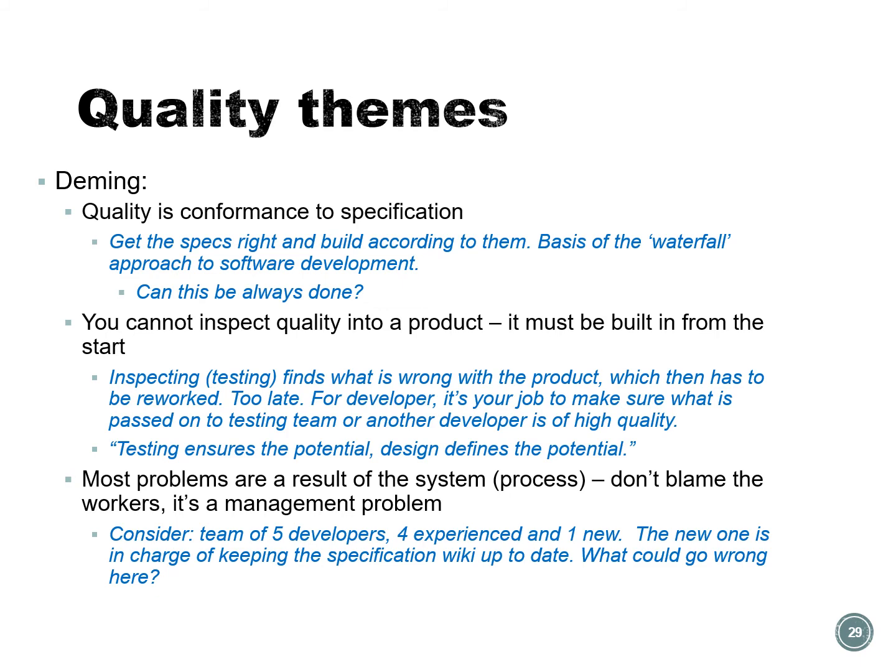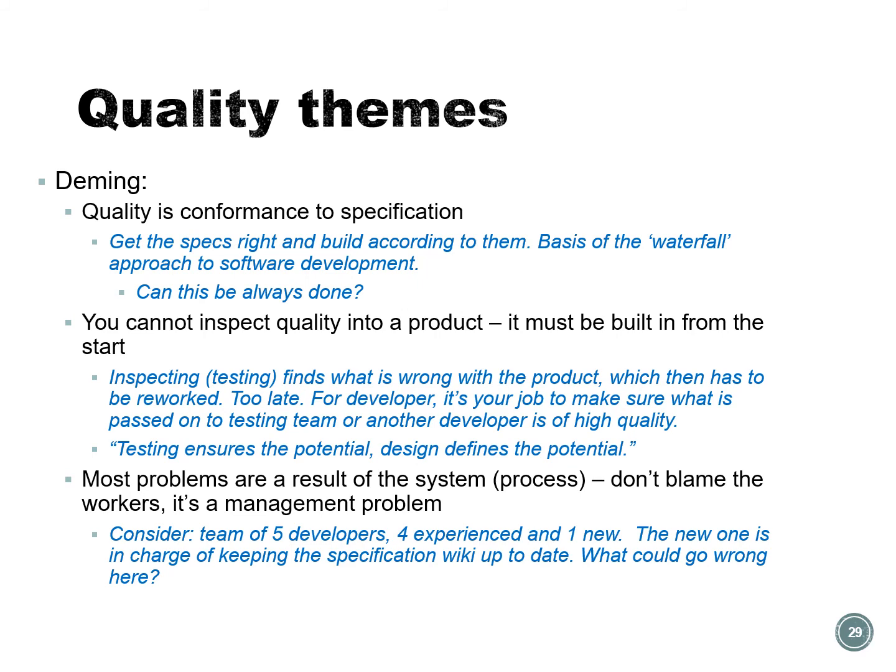There's a definition that quality is conformance to specifications. And if you get the specs right and build according to them, this is how the world works. Of course we all know that this is the basic waterfall model, and the world doesn't work that way. So it's not a very good definition.